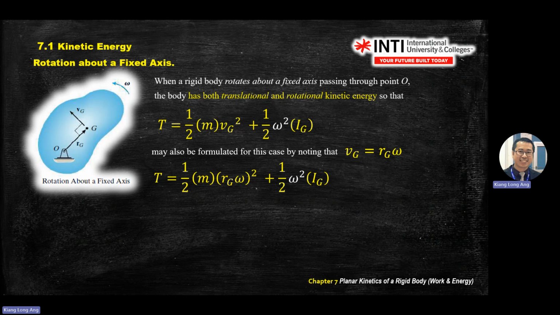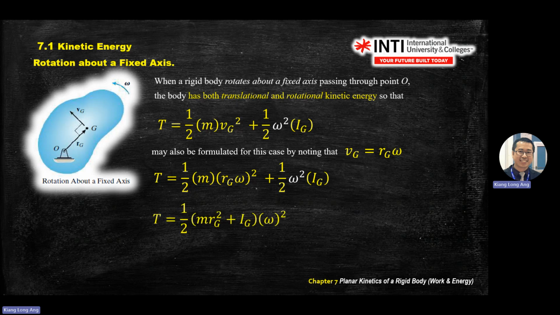You write this one, then you write V equals omega R, and you convert Vg, the velocity at the center of mass, into terms of R and omega. Because sometimes you want to find the omega, or sometimes the omega is missing.